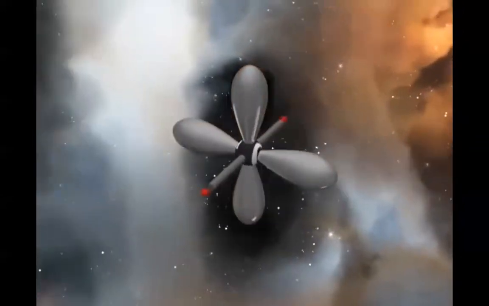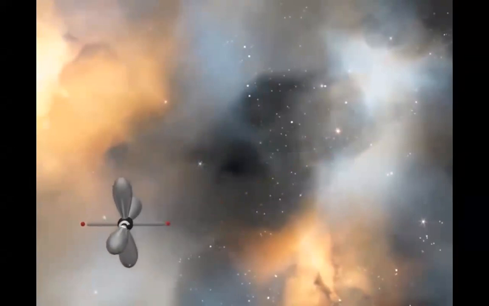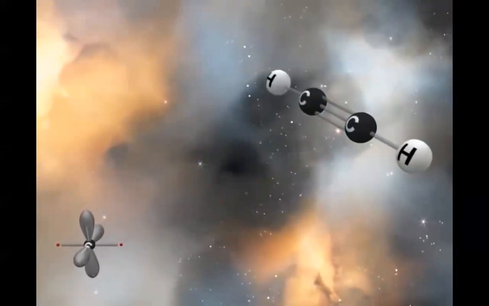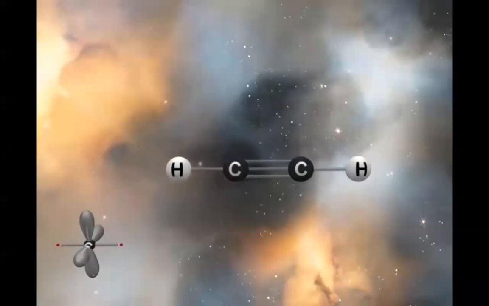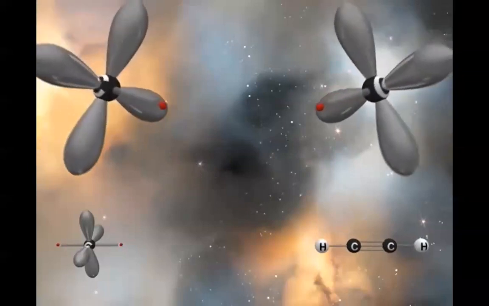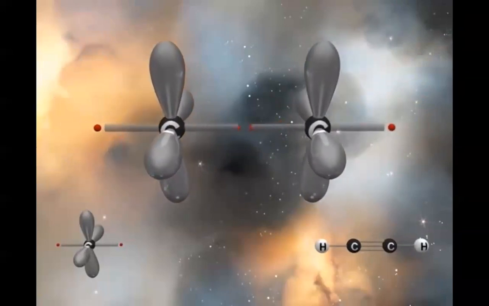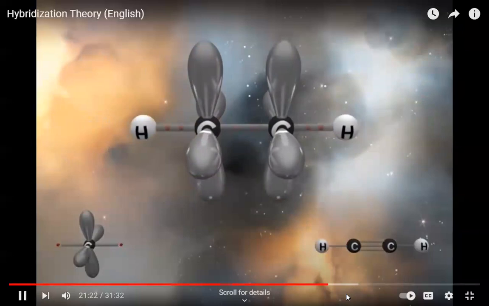In the two-dimensional Lewis diagram, we see that each carbon forms two sigma bonds and two pi bonds. Thus, both carbons are sp hybridized. We can construct the molecule in three dimensions by forming the carbon-carbon sigma bond and the two carbon-hydrogen sigma bonds, which affords a linear sigma bond framework.